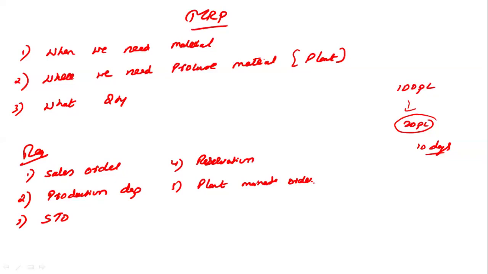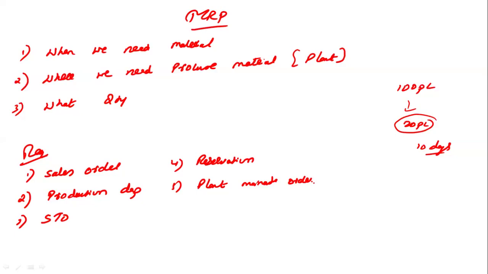So it takes the requirement, it takes from the suppliers, and it will also take the current stock, calculate what is the stock available, and calculate what is the requirement. If the stock is more than the requirement, then it will not plan anything. If the stock is less than the requirement, or if the stock is going to be empty after this requirement, then the system will plan accordingly and place the order.